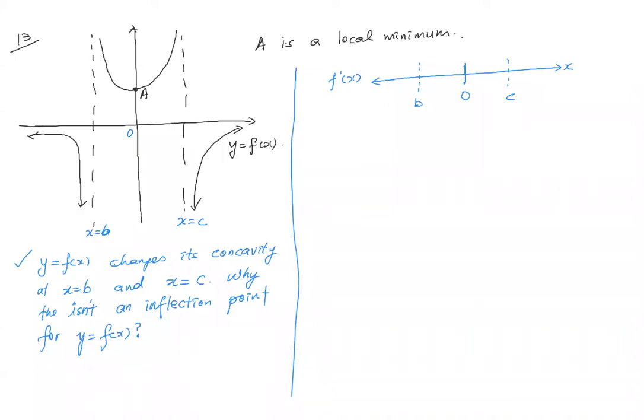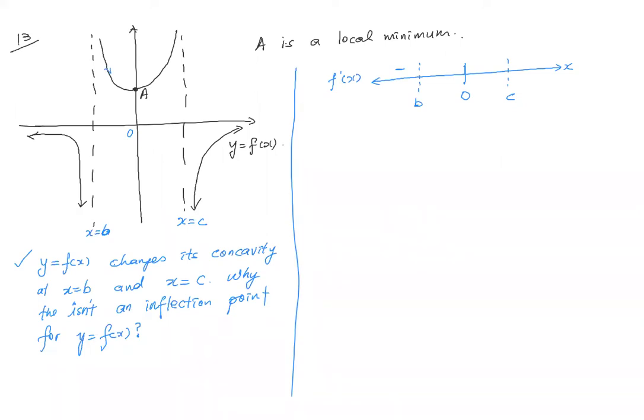Now, may I know what is the sign for f prime x for x less than b? Negative, because the graph is going down. How about b to 0? Negative also, because it's going down.